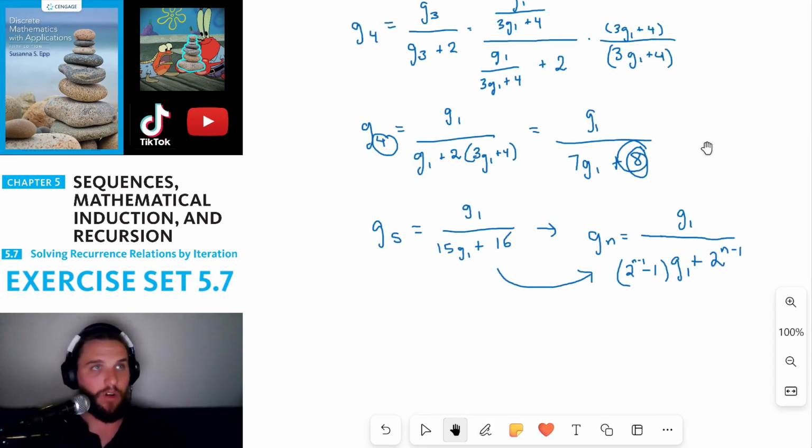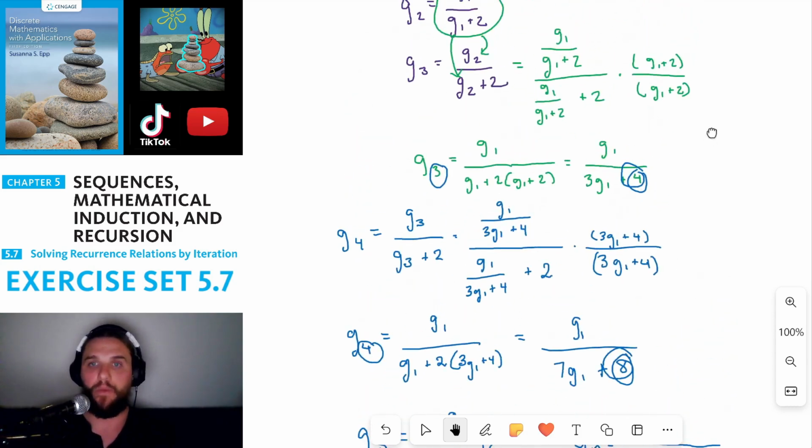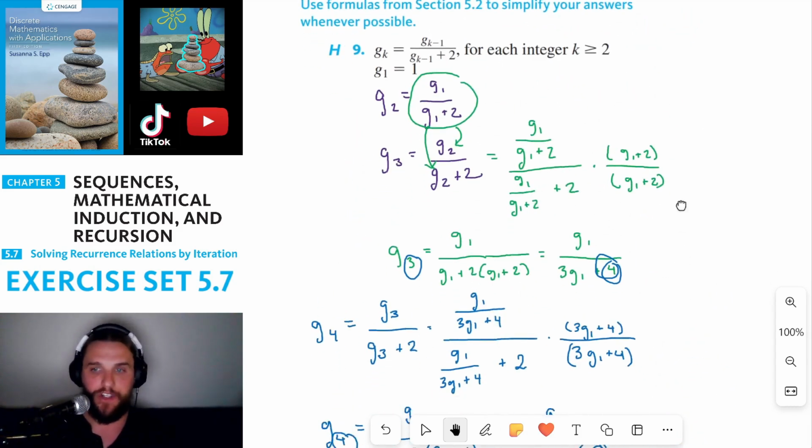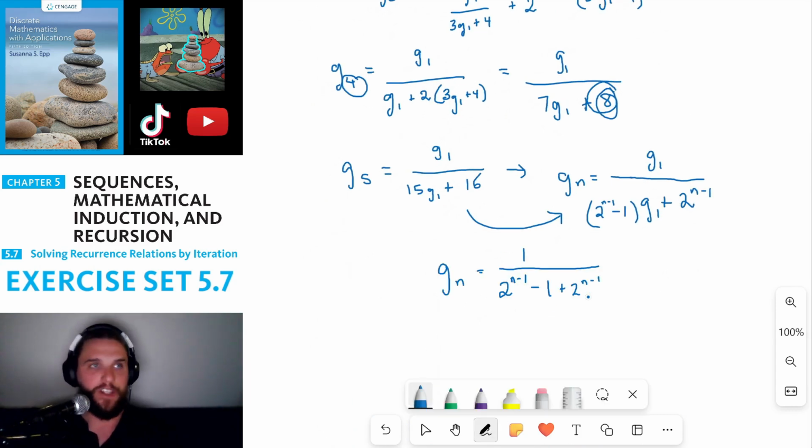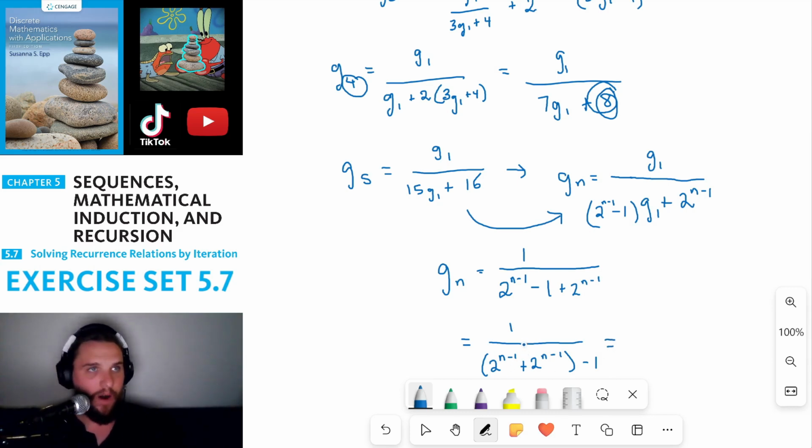Now that we've generalized G sub n in terms of G sub 1, we can now back substitute. G sub 1 is just 1. So we can replace the G sub 1 with 1, and then we can simplify this by grouping together the powers of 2. And just to illustrate this next step, I'm going to factor out the 2 to the n minus 1 in that denominator, just from the parentheses part.